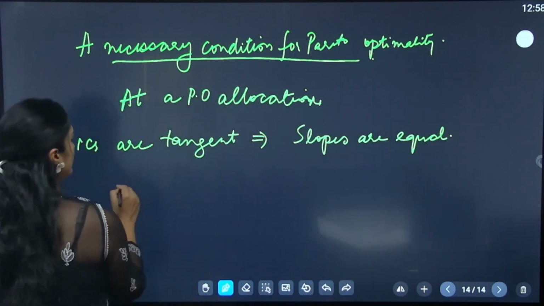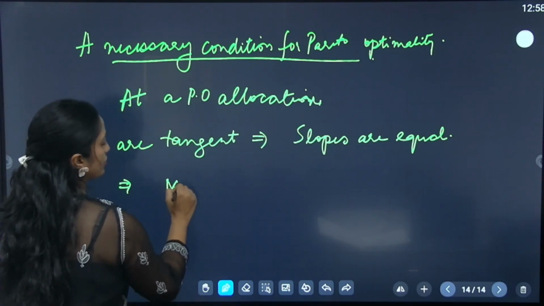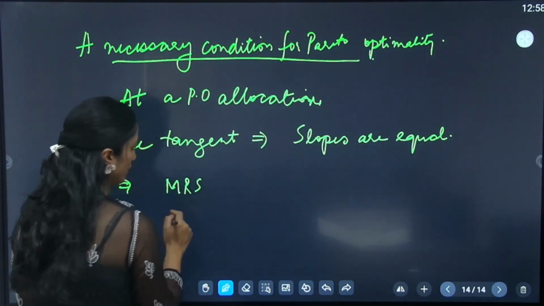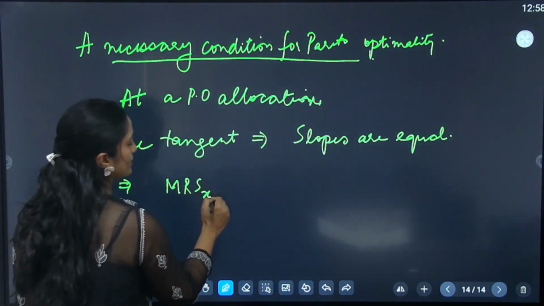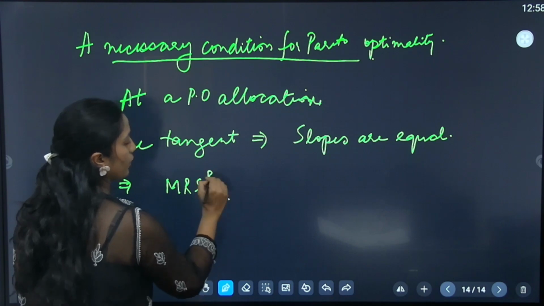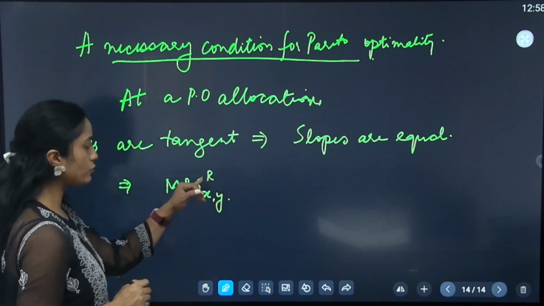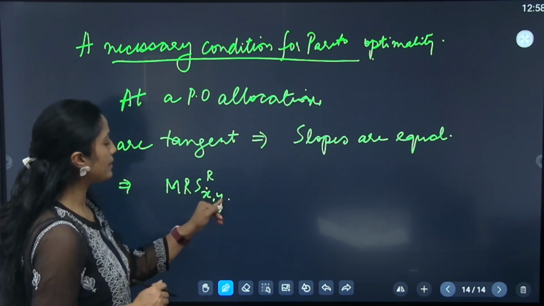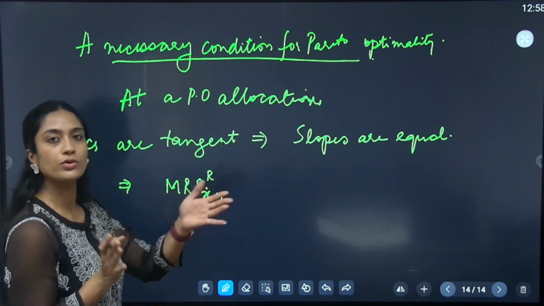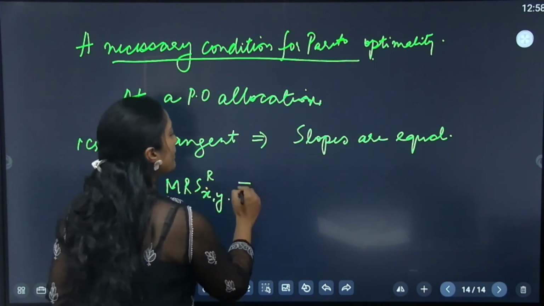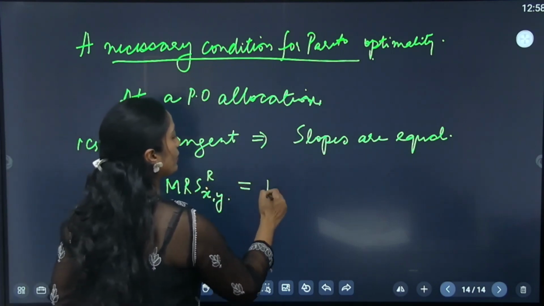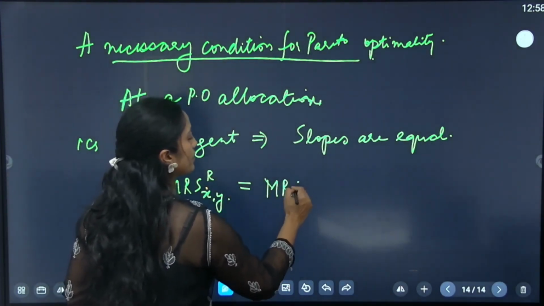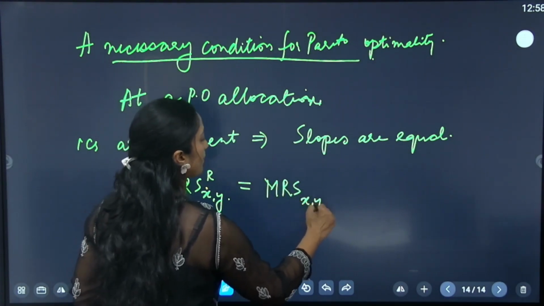And this in turn means that the marginal rate of substitution between X and Y for Rahul, where the superscript is for the consumer and the subscript is for the two goods that we have in the economy, is the same as the marginal rate of substitution for Fiza.